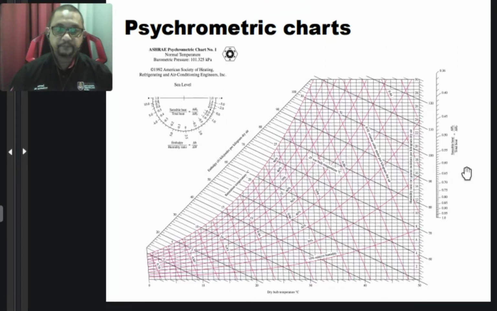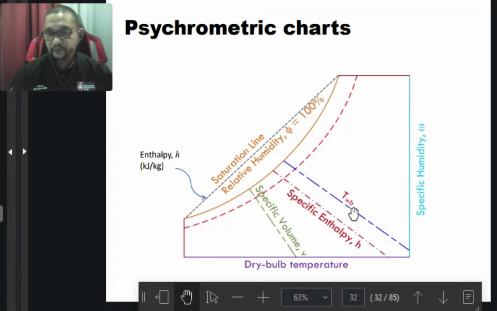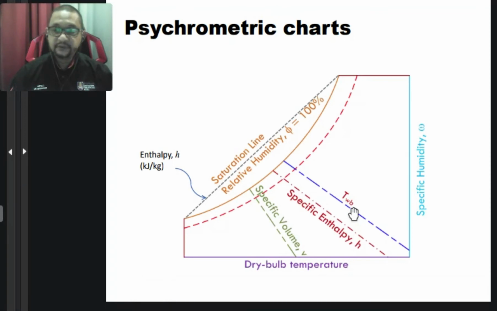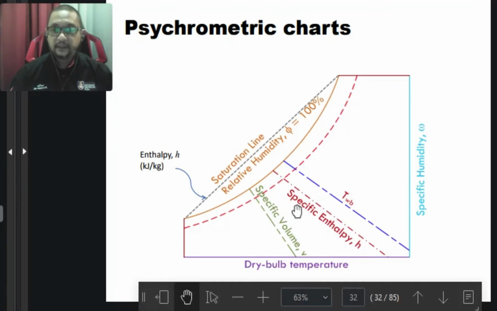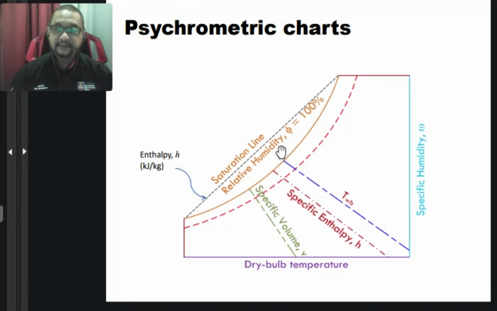Here, the dotted line is the wet bulb temperature, and this is the specific enthalpy, and this line is the specific volume. It also has a saturation line and the relative humidity.